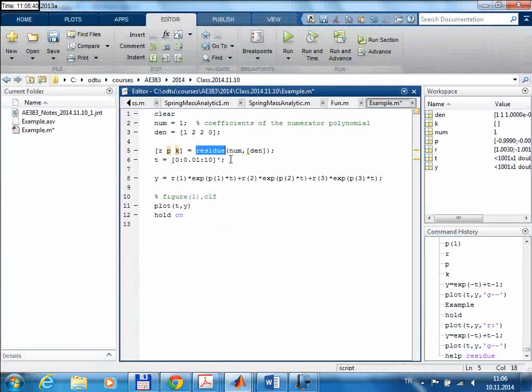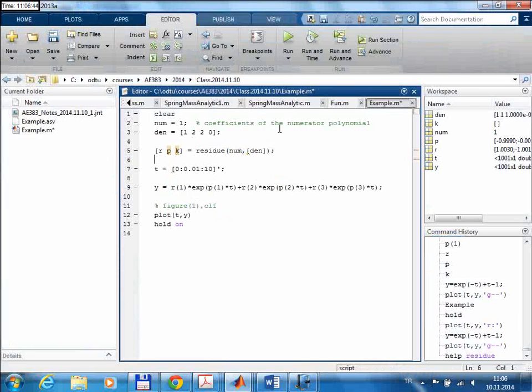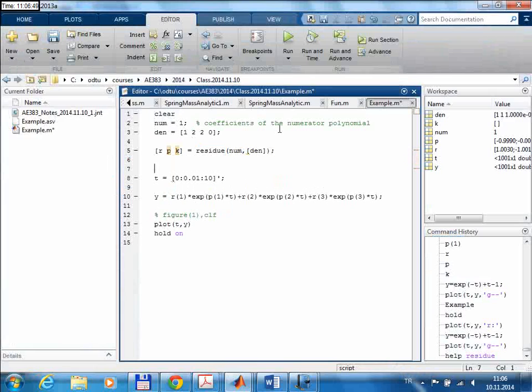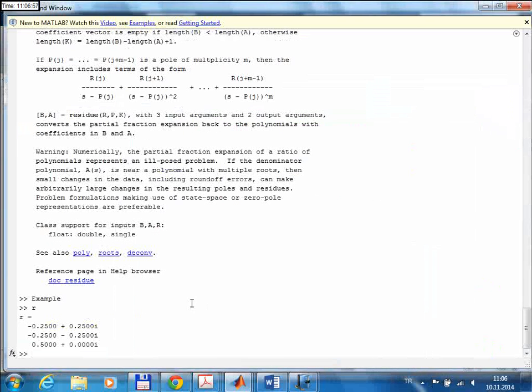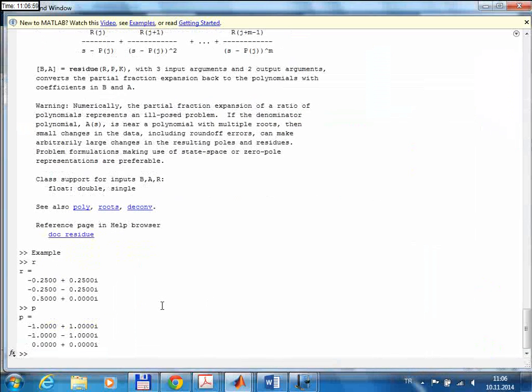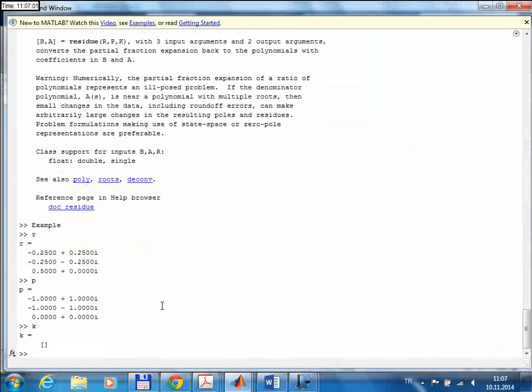Okay, so let me just stop the function here and run up to this level. So these are the residues, these are the poles, and k is not necessary for this, or is not used for this example.